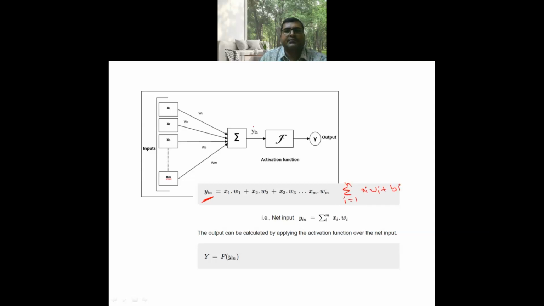This is the output of the summation, and it will be applied to the activation function to get the output y. Here the function f is called the activation function, and if it is sigmoid, then you can observe the relation.